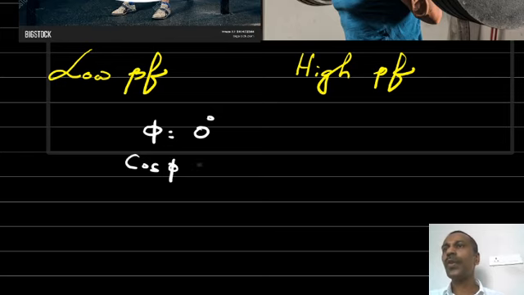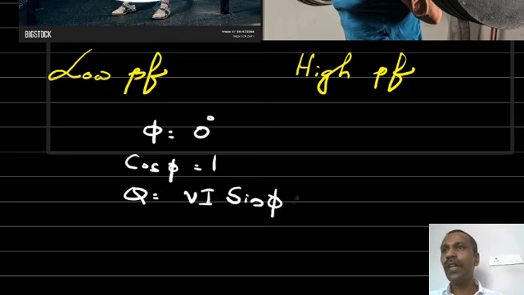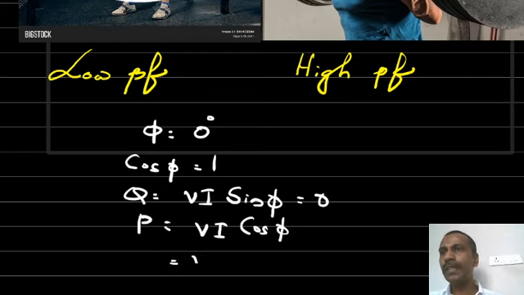So cos phi is equal to 1. In this case, there is no reactive power. Reactive power is equal to VI sin phi. This is equal to 0. What is active power? P is equal to VI cos phi. Cos phi is equal to 1. So P is the same as VI. What is VI? This is my apparent power.